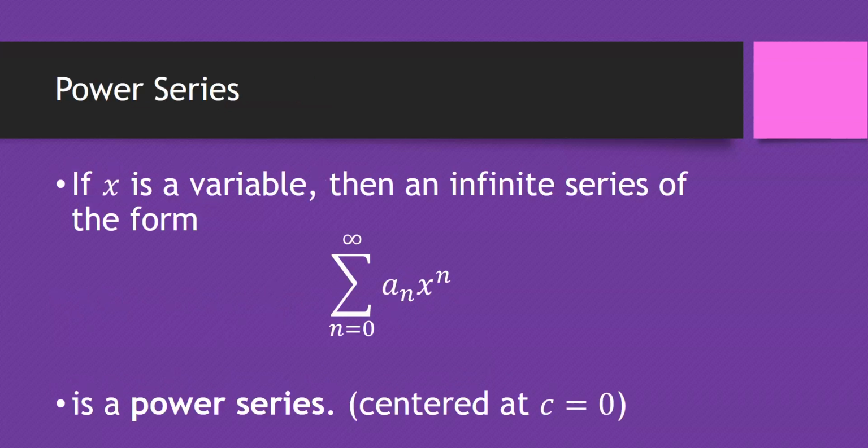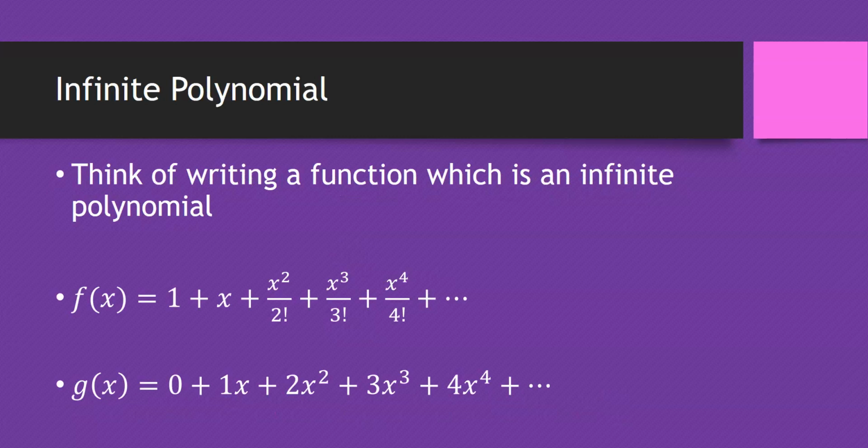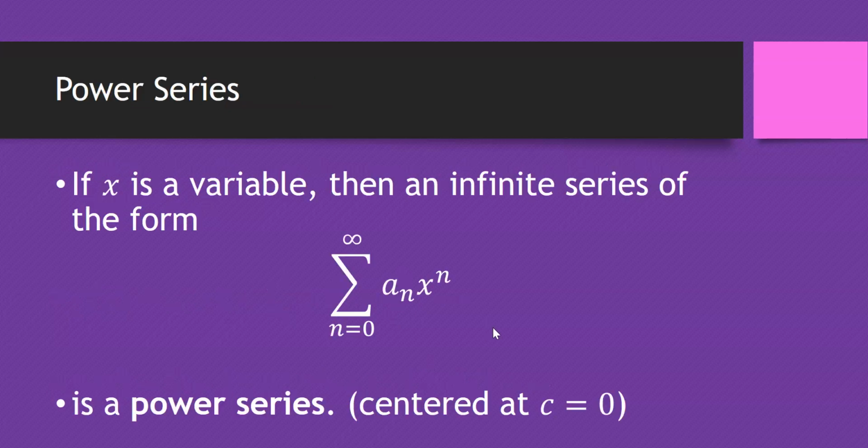If you think about infinite polynomials, we have a coefficient times x to a power, another coefficient times x to a power, another coefficient times x to a power. So we can write a power series as an infinite sum of coefficients, which we're going to call a sub n, times x to the nth power.